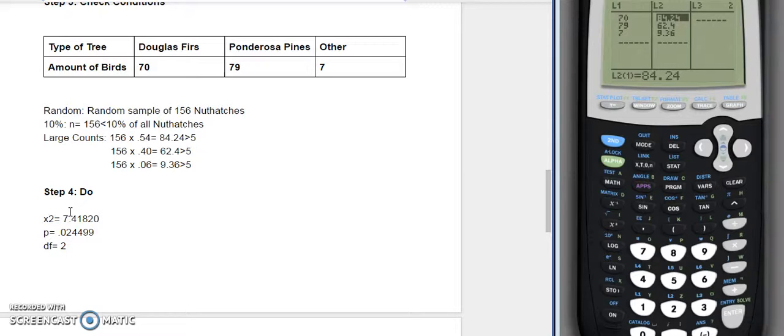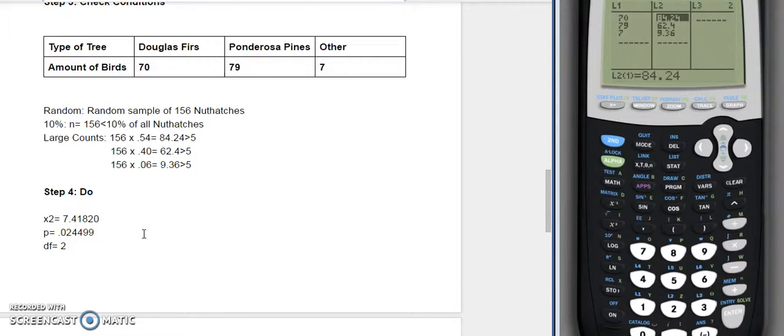These numbers are called our expected counts. These numbers also have to be more than 5 when passing the large counts condition. 84.24, 62.4, and 9.36 are all larger than 5.